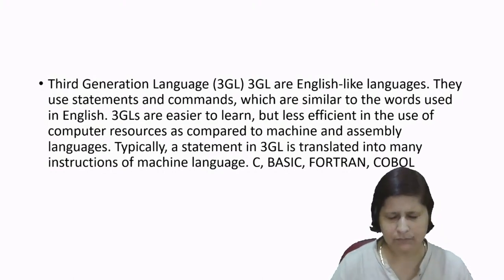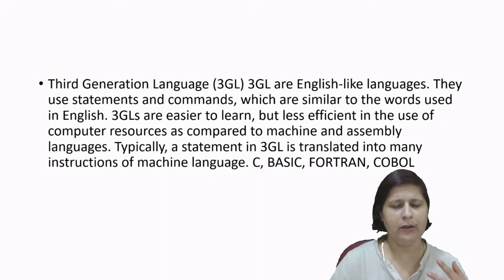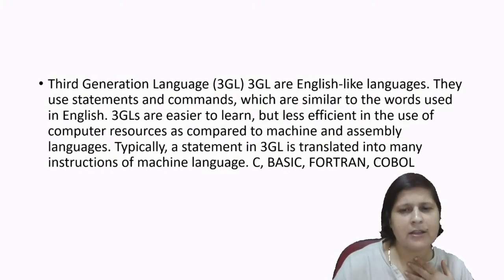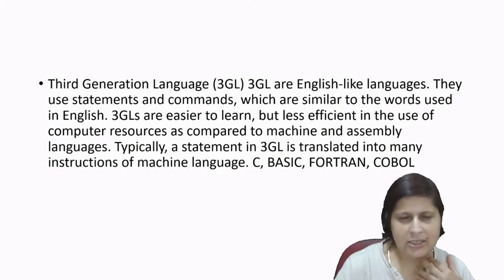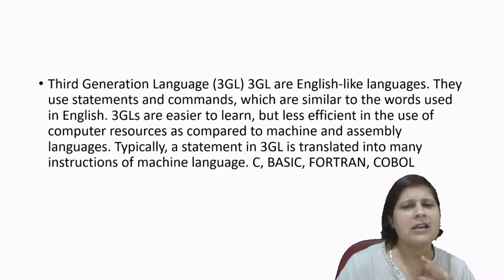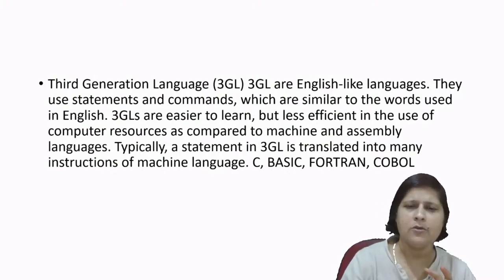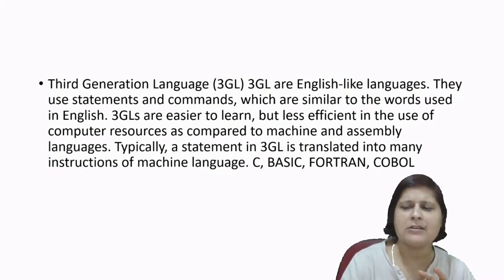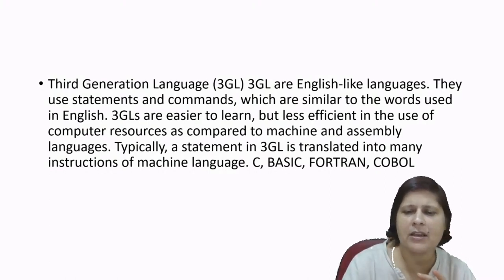All these are 3GLs. So, what is 3GL? Third generation language. These are English-like languages. The user writes the commands in the English language, similar to the words used in English.